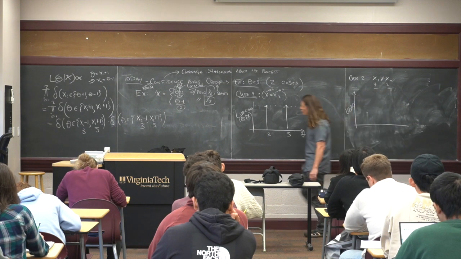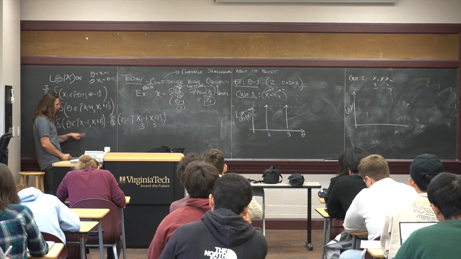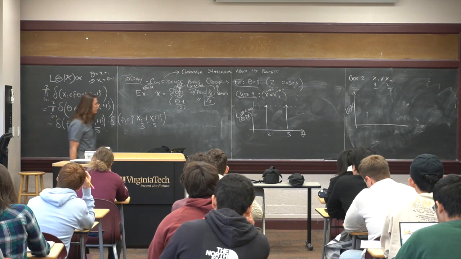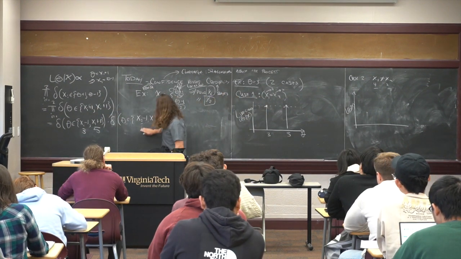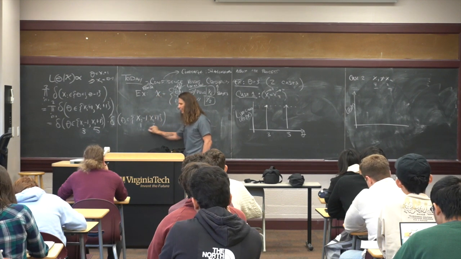So 4 and 2, let's just look at these. So x1 is a 4, minus 1, that's a 3. This is a 5. And then x2 is a 2. So x2 minus 1, that's a 1. x2 plus 1, that's a 3.